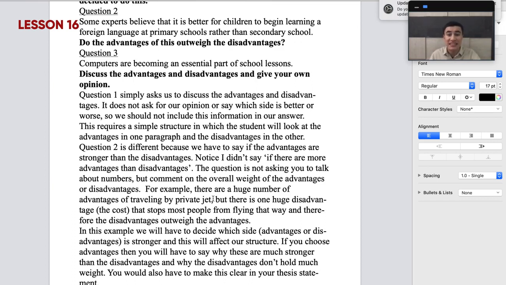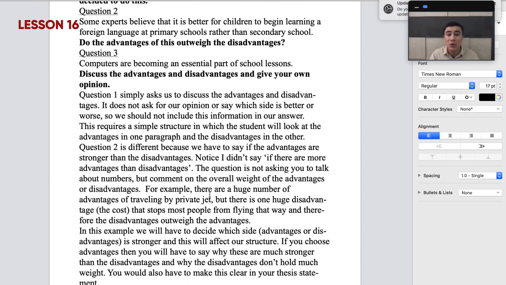Let's consider this example here. There are a huge number of advantages of traveling by private jet, but there is one huge disadvantage. Okay, this is the cost. And exactly this cost stops most people from flying that way, and therefore the disadvantages outweigh the advantages.